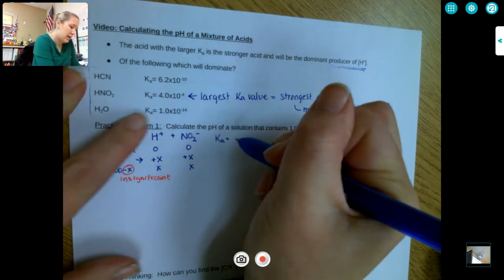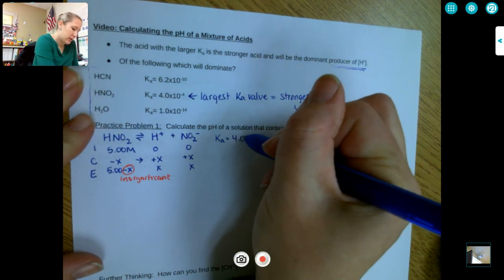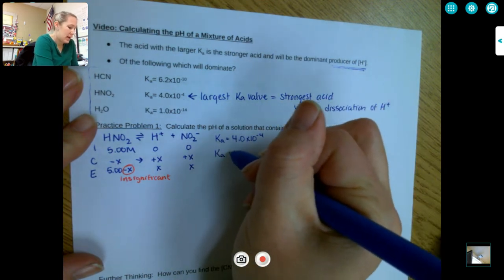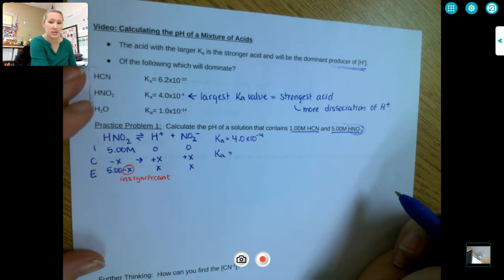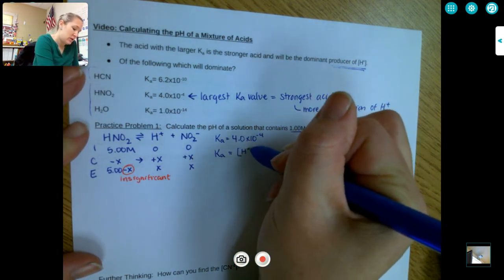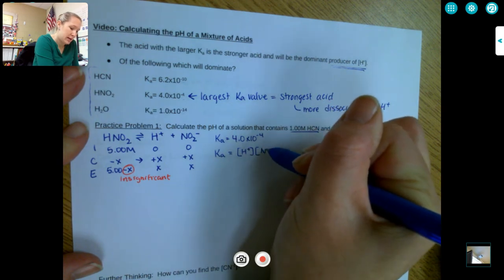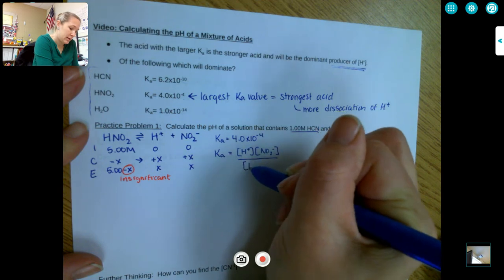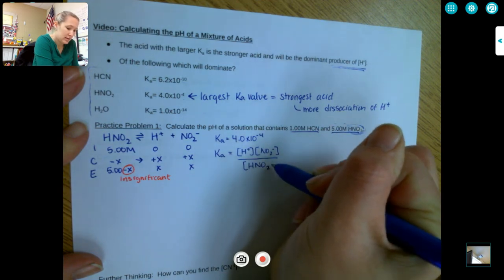Again, our Ka value we've been given is 4.0 times 10 to the negative 4. Remember that our K equation is just the same that we've been doing: products over reactants raised to their coefficients. So we've got our hydrogen ions times our nitrite ions, over our nitrous acid.